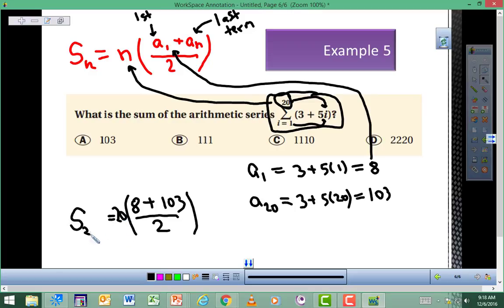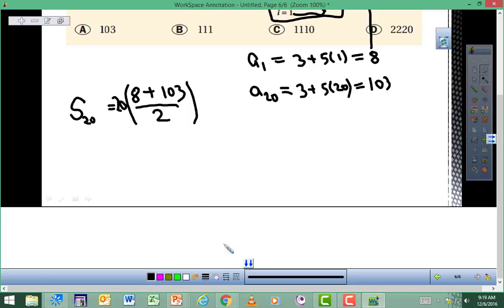And that also means that the sum of those first 20 terms is going to be equal to this right here. So let's check this out. 8 plus 103 is 111, right? Divide that one by 2, and then multiply that one by 20. That's equal to S of 20.